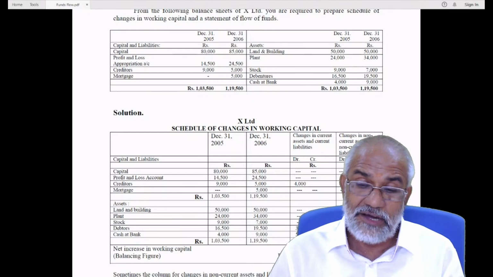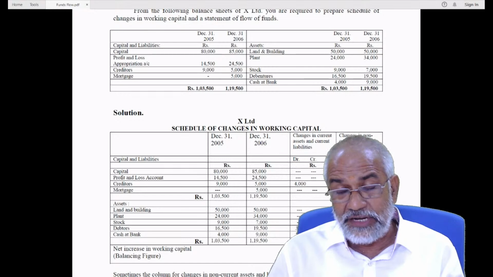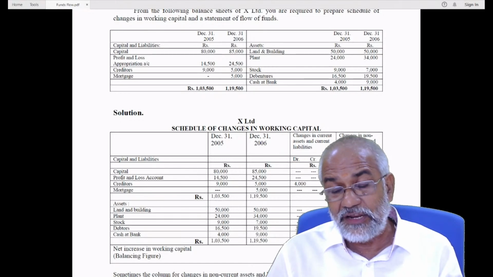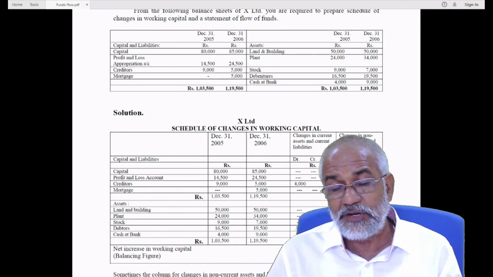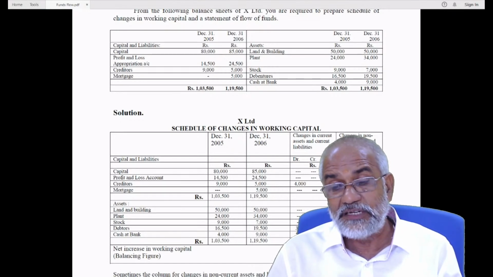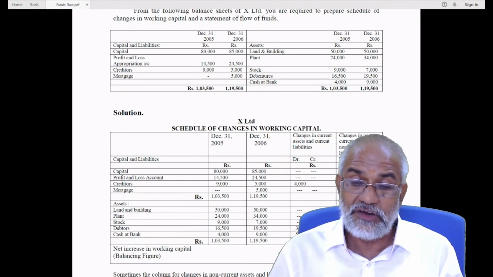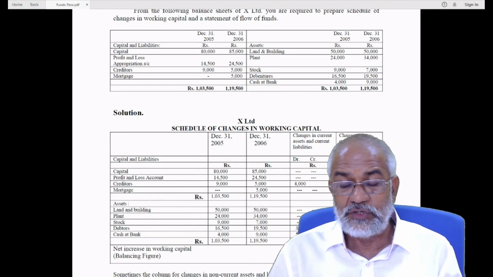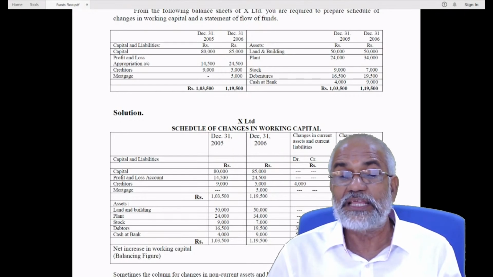When the same figure comes as the balancing figure in the current category as well as in the non-current category, but in different columns, that means if it comes in the debit column of the current category, it must come in the credit column of the non-current category. If it comes in the credit column of the current category, then it must come in the debit column of the non-current category. When the same figure comes for the current as well as non-current category balancing figure, but in the opposite column, then you can ensure the correctness of the statement of changes in working capital.